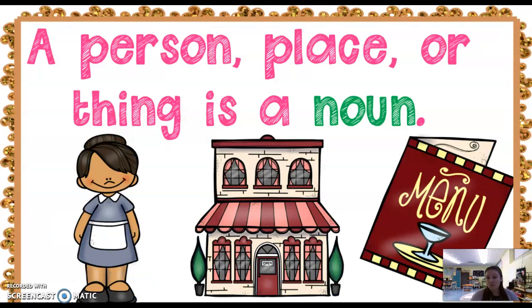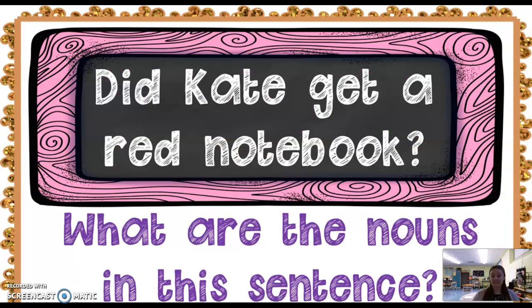Let's review what is a noun. A noun is a person, a place, or a thing. What's a noun? One more time. A person, place, or thing. Okay. This way to unscramble that sentence says, did Kate get a red notebook? Notice they used a question mark to change the sentence. What are the nouns in this sentence? Remember, person, place, or thing. The word did.